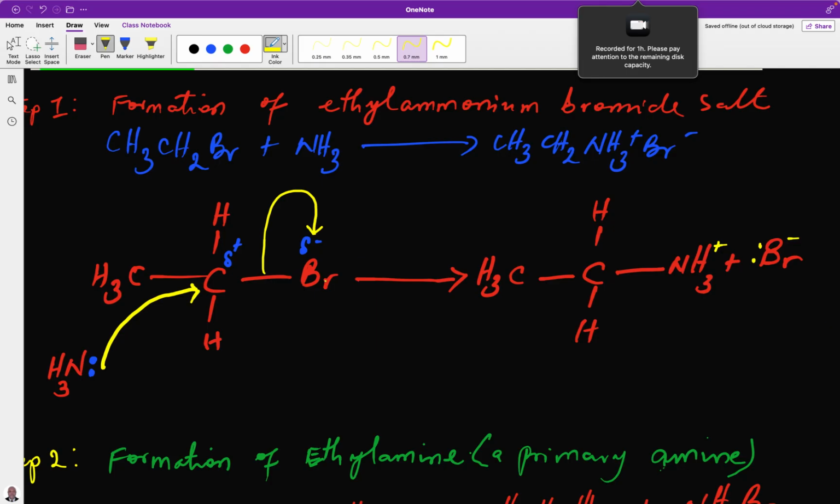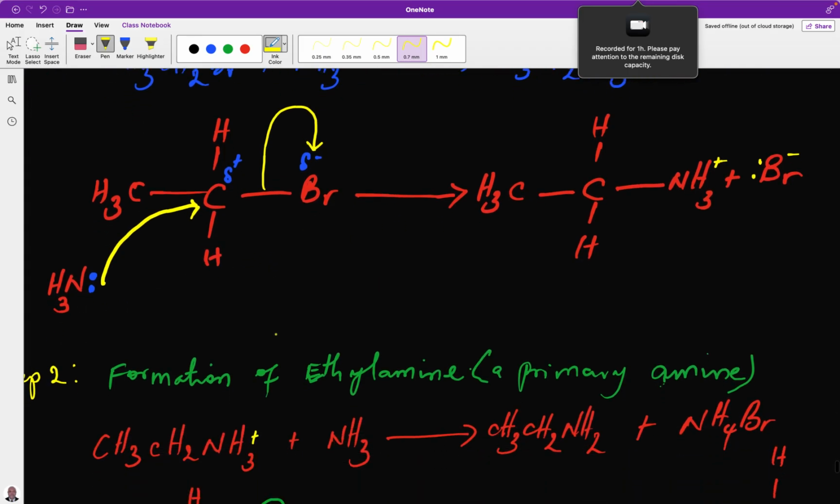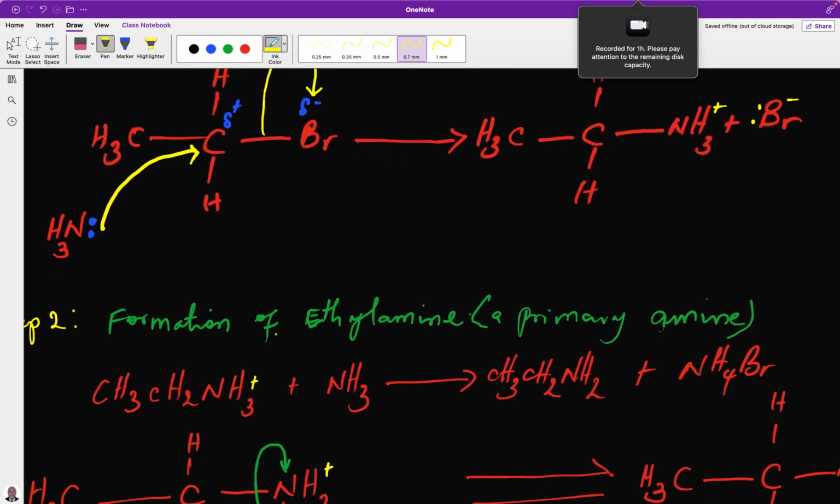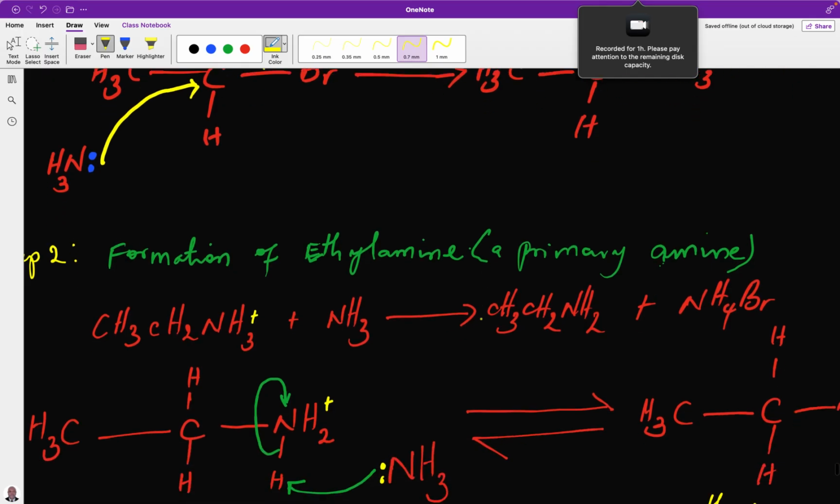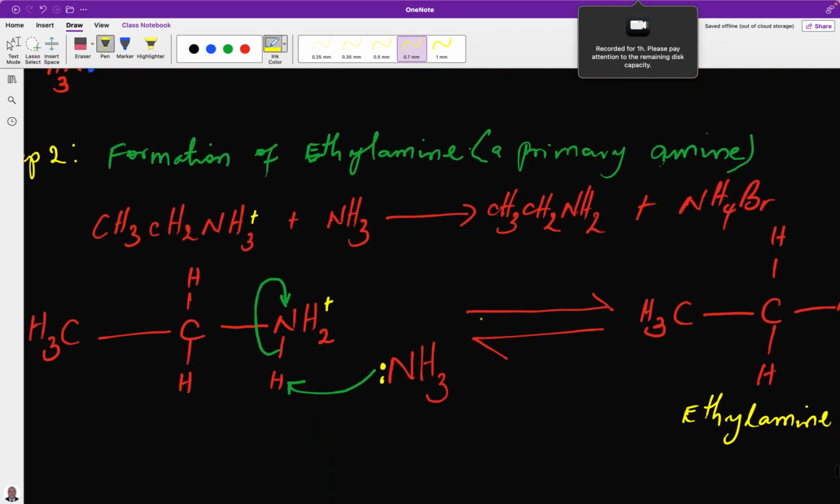A two-step process occurred here. There was ionization with bromine leaving and the ammonia attaching itself. Secondly, formation of ethylamine, which is a primary amine. The condition is that ammonia must be in excess. So this ammonia in excess attacks the positive center here, repelling electrons towards the nitrogen.